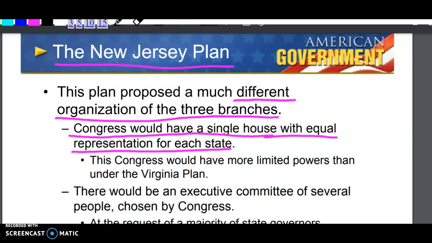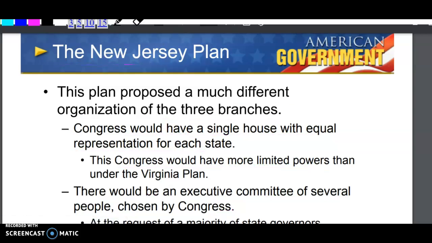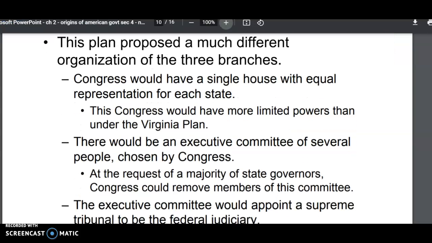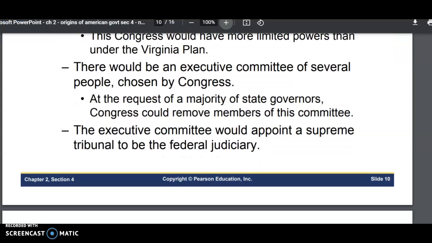Under this plan, Congress would have more limited powers than under the Virginia Plan. There would be an executive committee of several people chosen by Congress. So instead of one executive like the president, there would be several on a committee, and these executives would be chosen by the members of Congress.